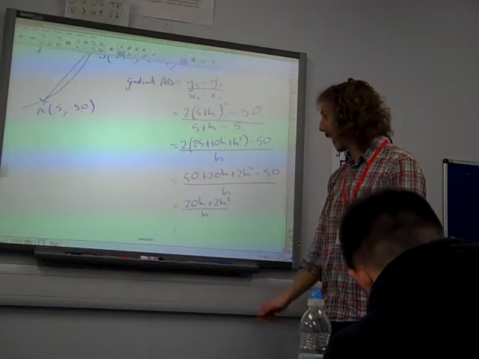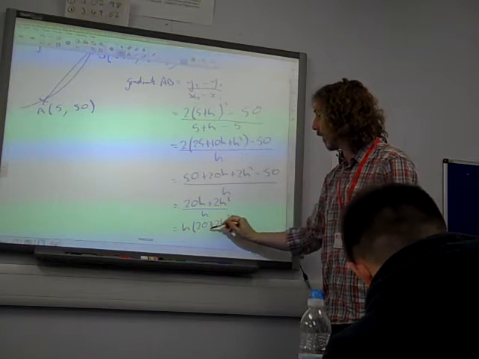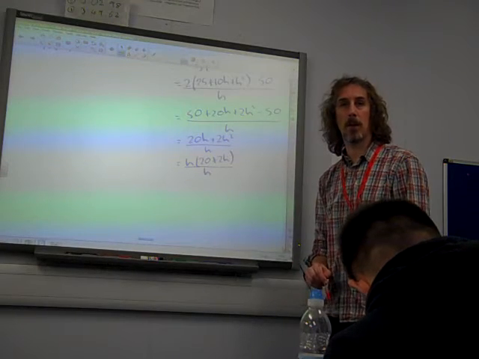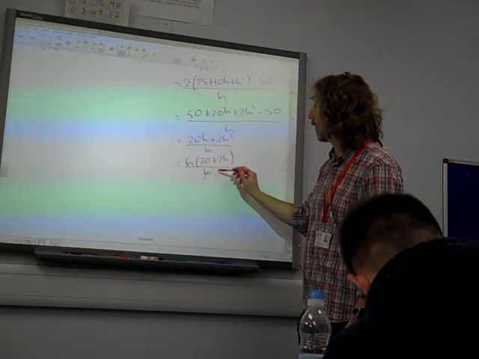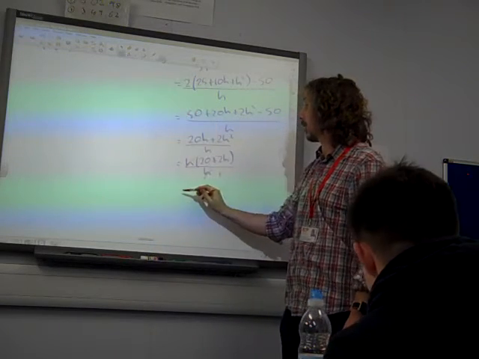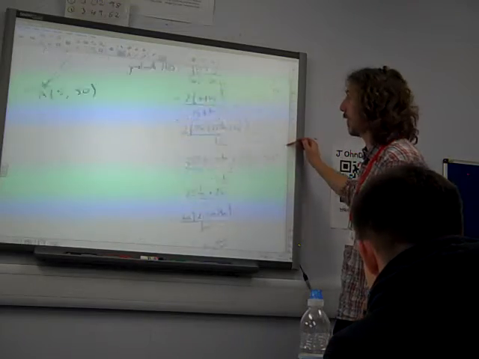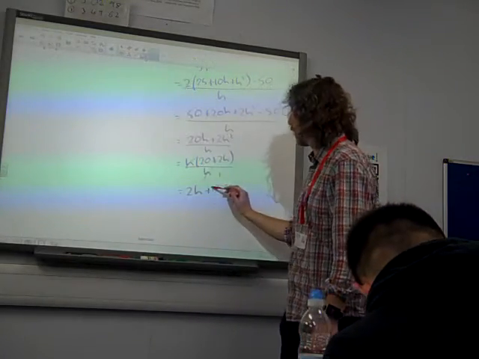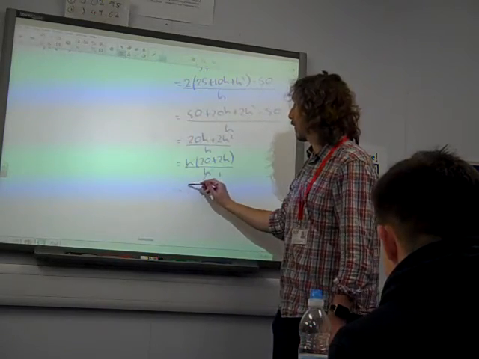If we factorise that, you've got h brackets 20 plus 2h over h. h is a common factor of the top and bottom, so it cancels out, leaving us with 20 plus 2h, or 2h plus 20. In fact, it was 20 plus 2h, wasn't it? So I'll leave it that way around.